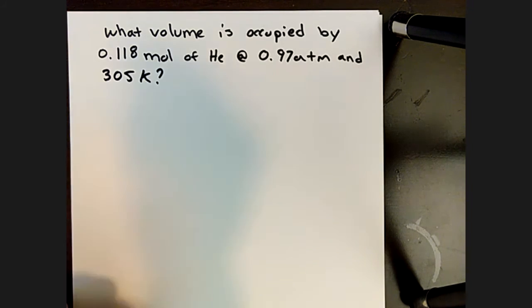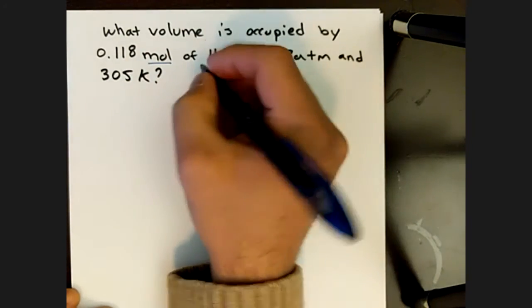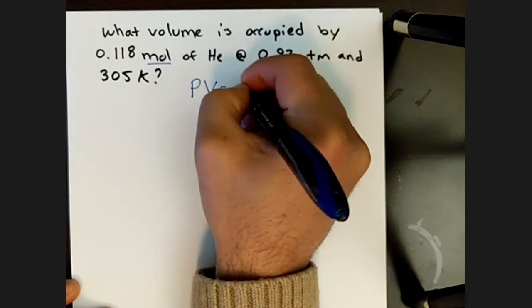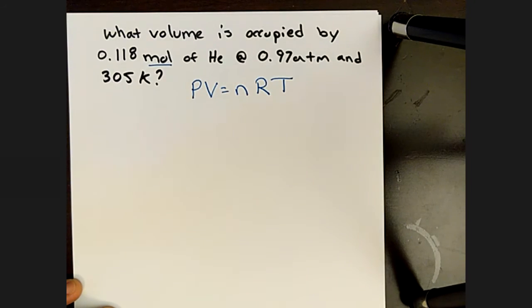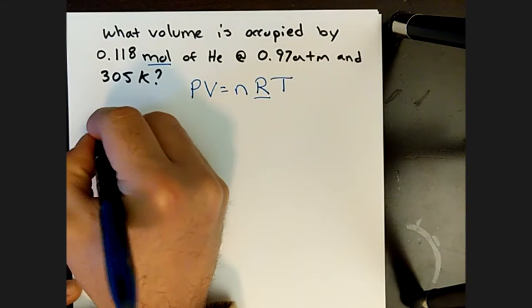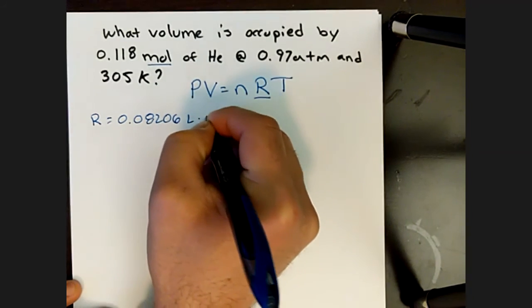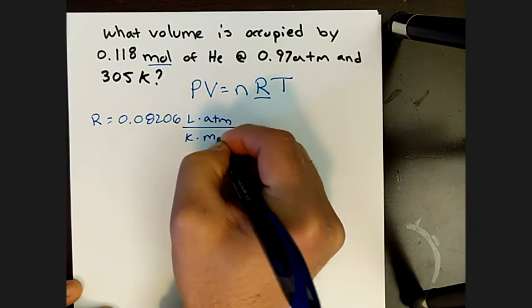Already here, the inclusion of moles should be the trigger that you're using the ideal gas law. Ideal gas law is important, so you should know it. Here, the R value is a constant: R equals 0.08206 liter atm per Kelvin mole.